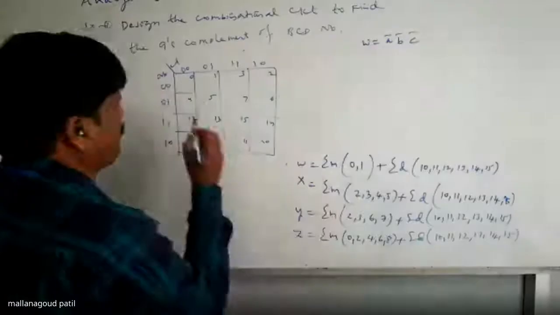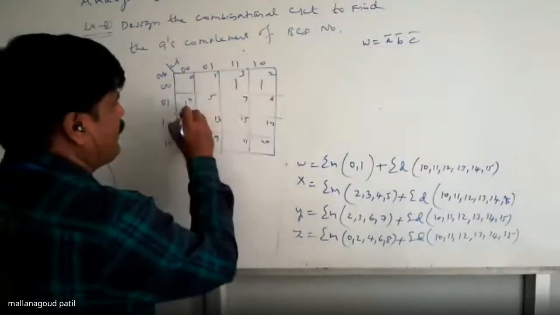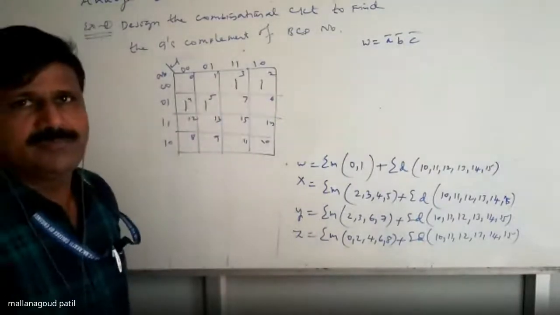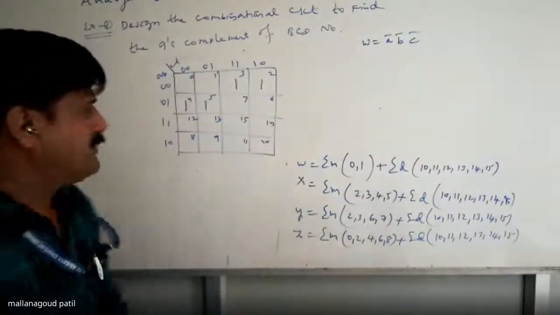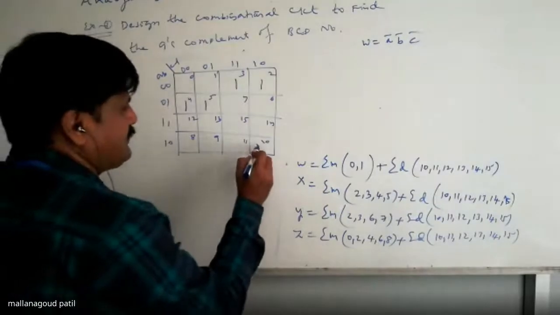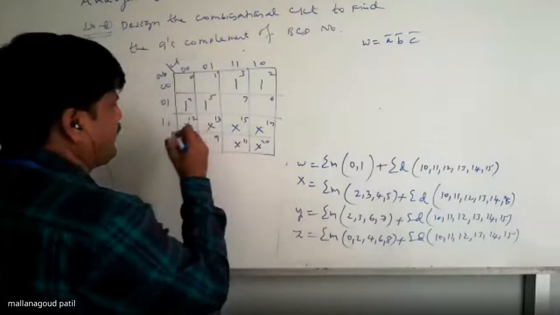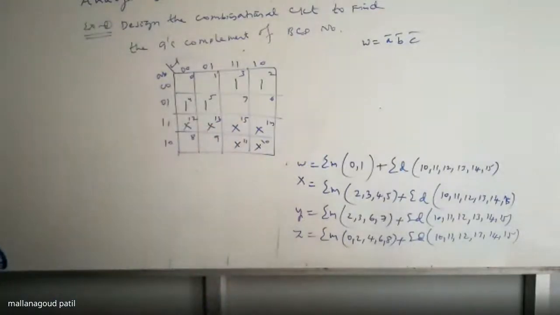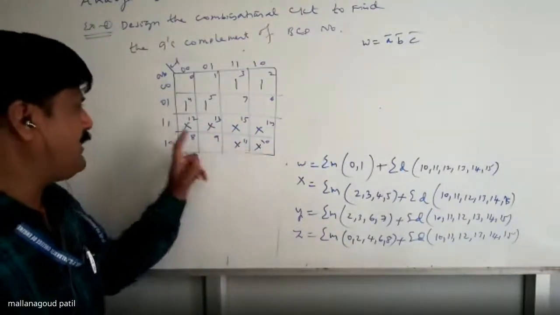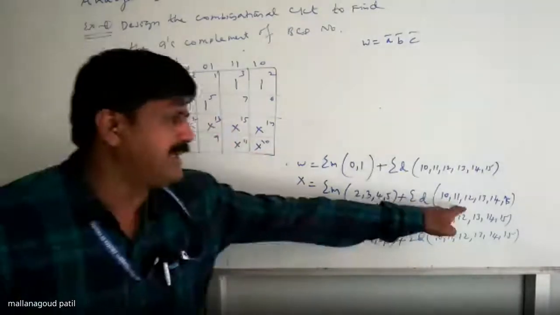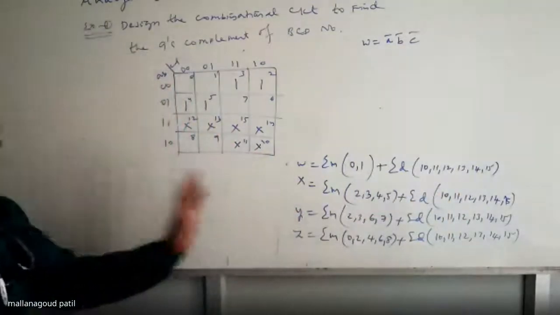And the don't cares are the same for all: 10, 11, 12, 13, 14, 15. See here, the entry you can check for X.